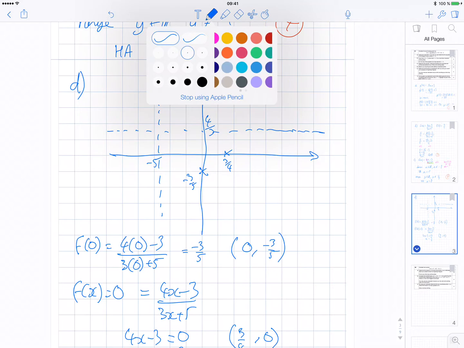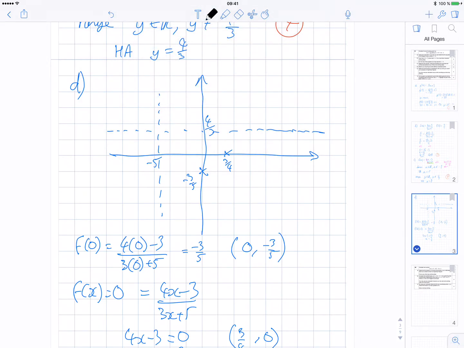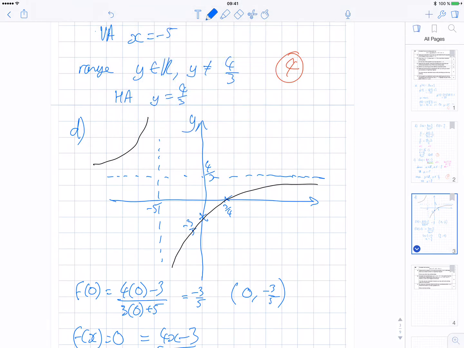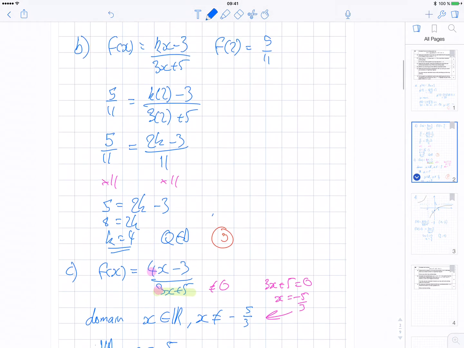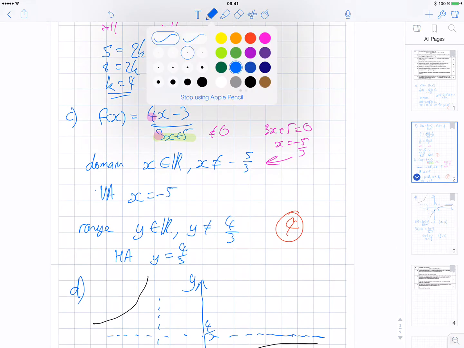So when I put in my curve, oh, some lovely colours there, it goes something like that. And don't forget, let's label the axes y and x, and we're looking at 4 marks.